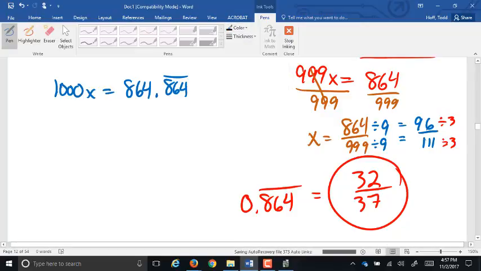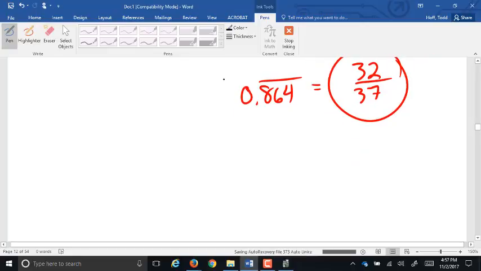I'm going to throw a little twist in here, give you something to think about. What if this is 0.736, but only the 36 is repeating?